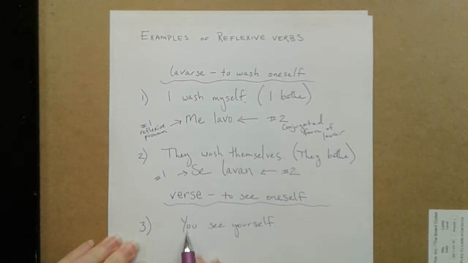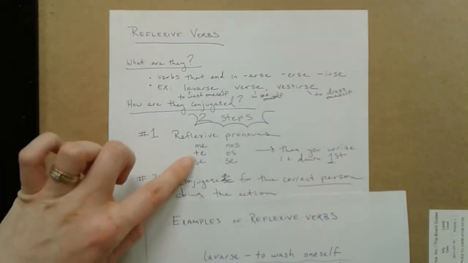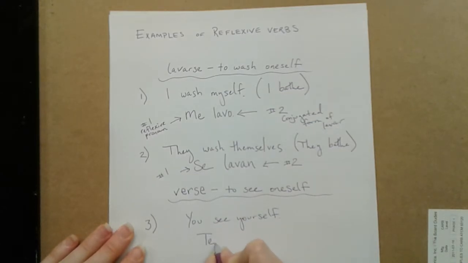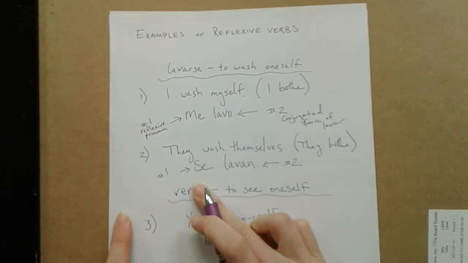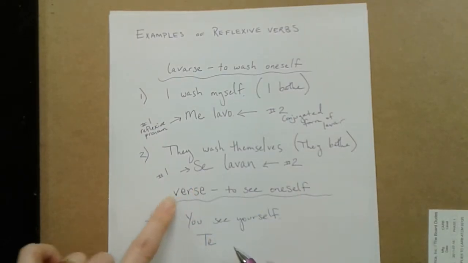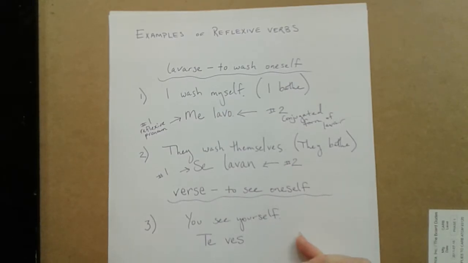What is the reflexive pronoun when you are talking about you? It's in this section, te. So we're going to pull te out front. Te. Now we're dealing with the verb ver, and we want to say you see. So you have an es ending for present tense. Te ves, you see yourself.